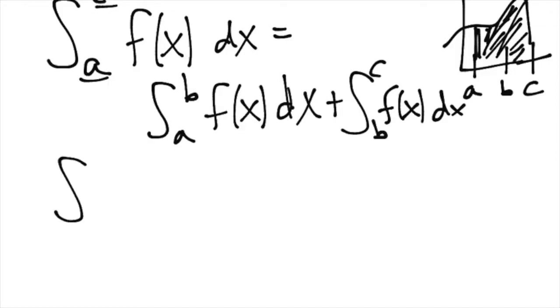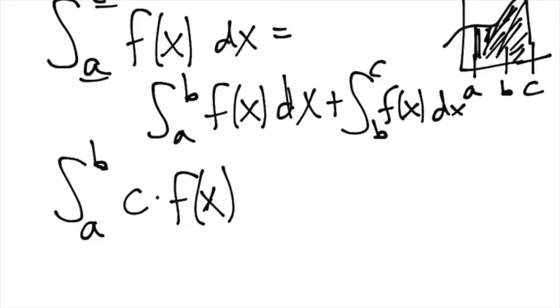So, for example, let's say you're integrating from A to B, and you have some constant that we'll call C, I guess. It's pretty standard. So C times f of x. C this time is not an x value as a bound. C is just some constant. If it is easier for you, because we just used C, you can call it K for a constant.